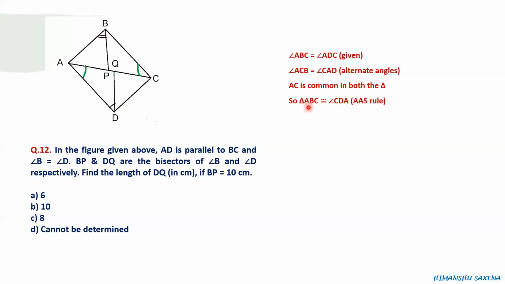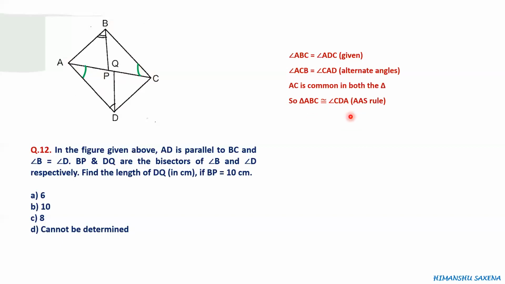Similarly, if you see angle C and angle A, this last vertex here and last vertex here, angle C and angle A are also equal to each other. In this triangle this is angle C, and in this triangle this angle is equal to this angle. So C is equal to A. That is how we have ordered these vertices. So this is as per AAS rule.